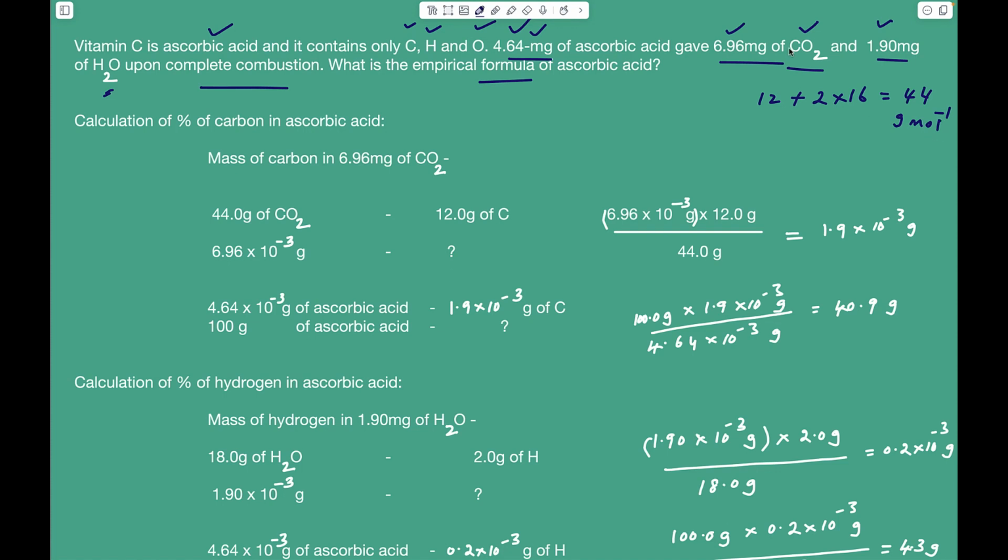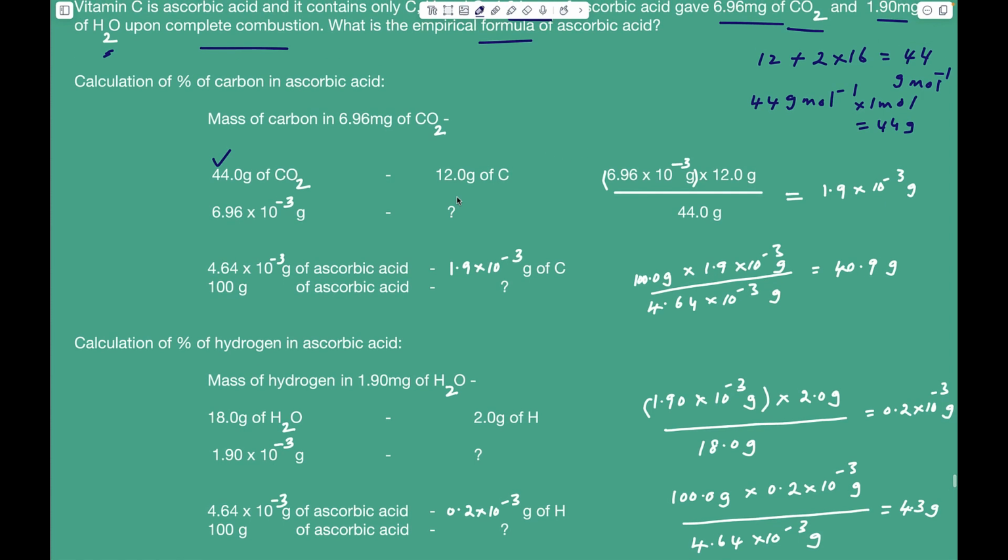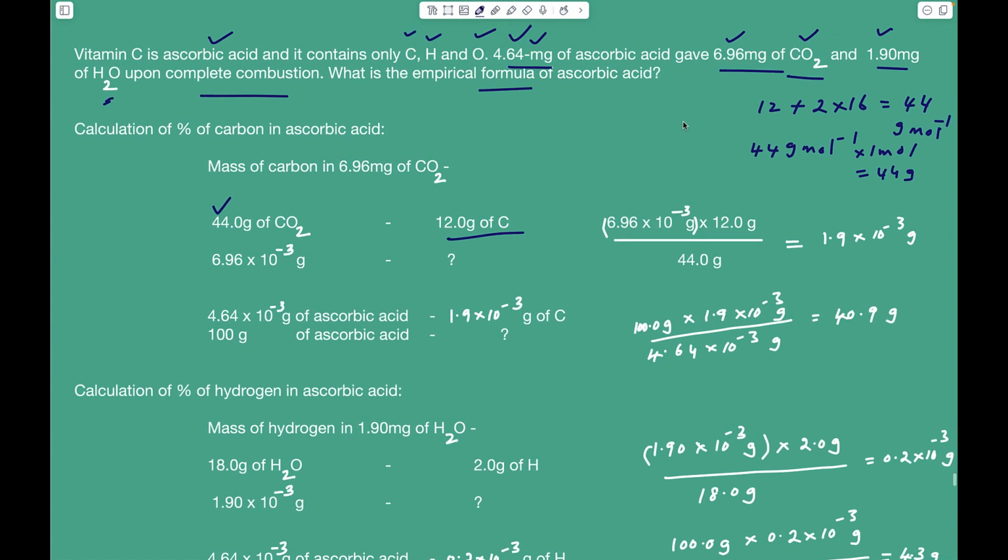And if you take 1 mole of carbon dioxide molecules, then the mass would be 44 grams per mole times 1 mole, that would be 44 grams. So let us take 1 mole of carbon dioxide, that is 44 grams of carbon dioxide, and you know in that there is 12 grams of carbon, 1 mole of carbon atoms, and the mass of 1 mole of carbon atoms is 12 grams.